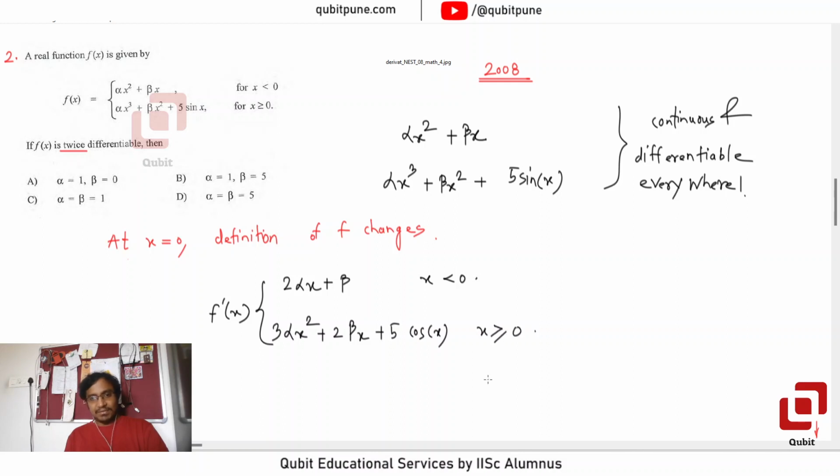Now let us see if this function is continuous at 0. What are we getting? When x is 0, we get beta on one side, and 5 on the other. So beta is 5. So option A gone, option C gone. Now let us calculate the second derivative.